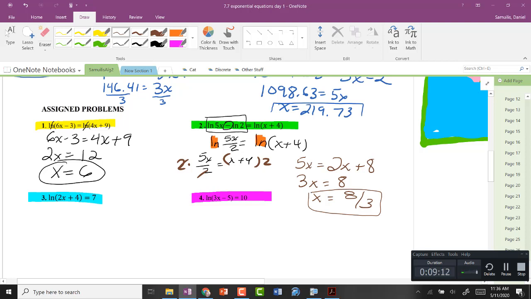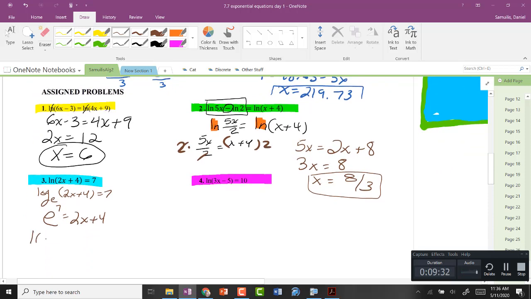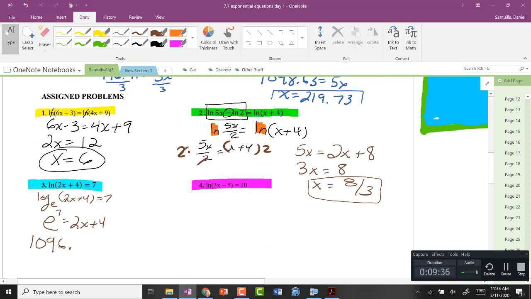All right, next problem. This is not 1-to-1, so we have to convert it. This is log base e of 2x plus 4 equals 7. That's e to the 7th equals 2x plus 4. Actually, I already did e to the 7th. So e to the 7th was what? 1096.63 equals 2x plus 4.